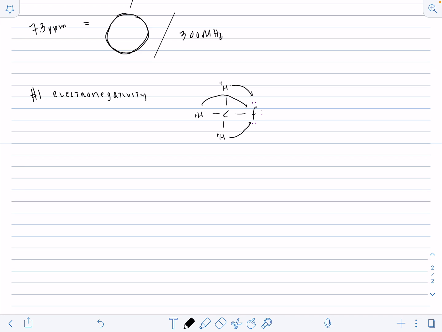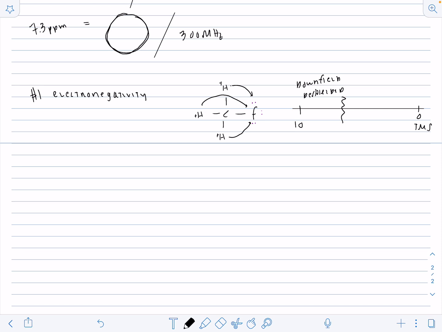So these hydrogen protons are now naked, which means that they will resonate at a higher frequency and appear further downfield, de-shielded, compared to TMS. So they would be more downfield, more de-shielded.